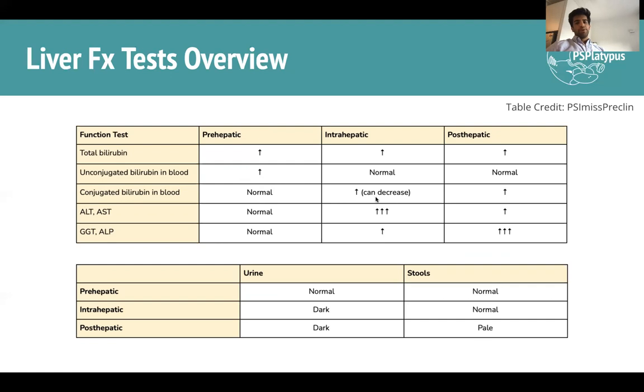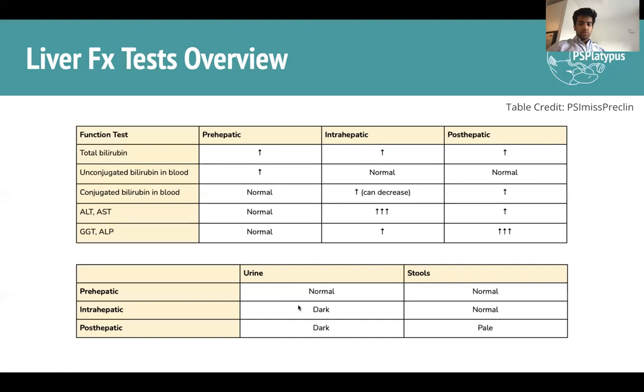Conjugated bilirubin is increased in intrahepatic and posthepatic jaundice. In prehepatic jaundice, the liver is functioning perfectly and the biliary tree is functioning perfectly, so all those enzymes should be normal. In intrahepatic, your ALT and AST, your liver enzymes, are increased. In posthepatic, your biliary enzymes are significantly more increased.